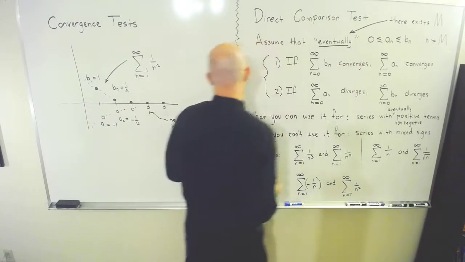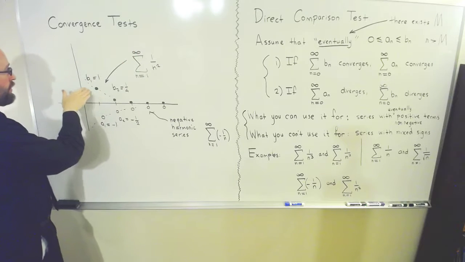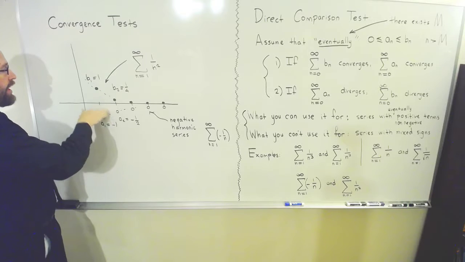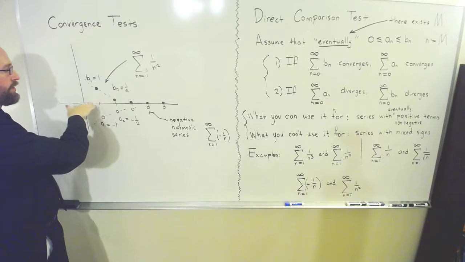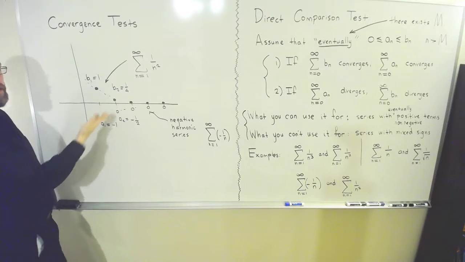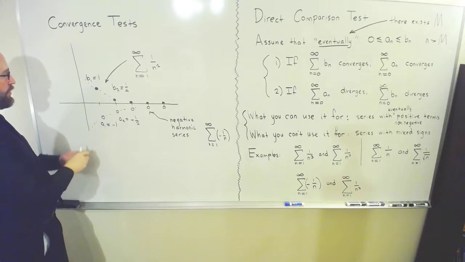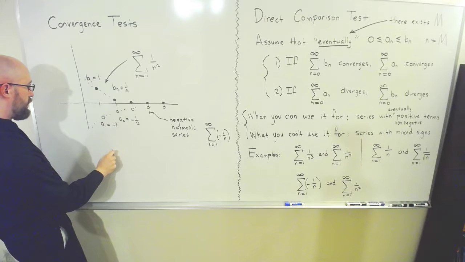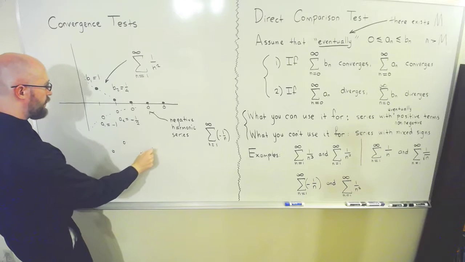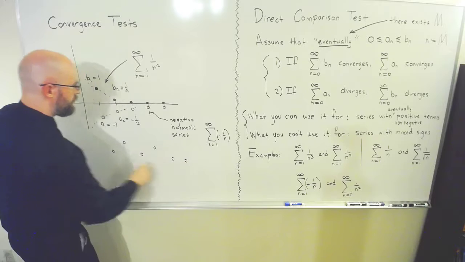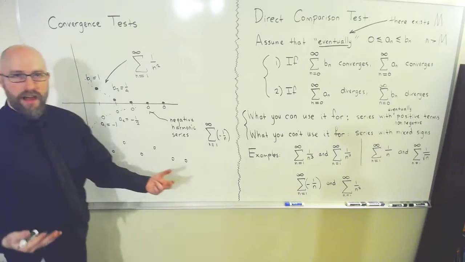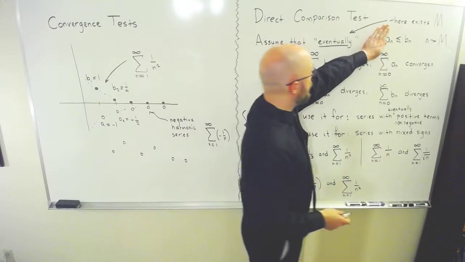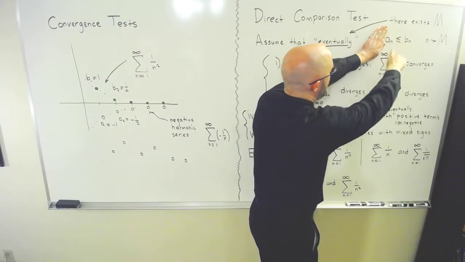You need a 0 there to trap this other series between something that you know converges and something else that you know converges, 0 in this case, and you don't have it. Instead, it's below down here. You could do the same sort of logic if these points were way down here. Obviously, these are a bunch of large negative numbers. It's going to diverge to negative infinity. It still satisfies that the bn is greater than the an.